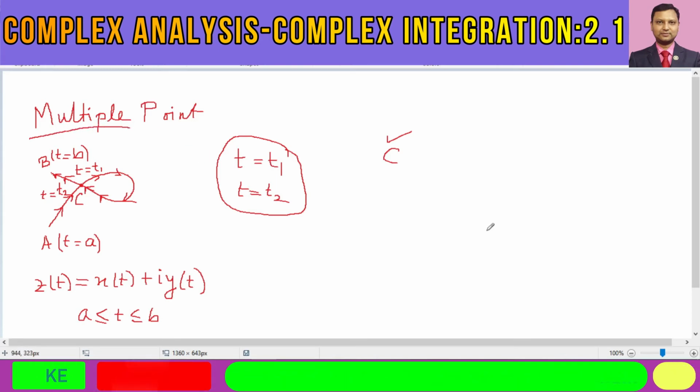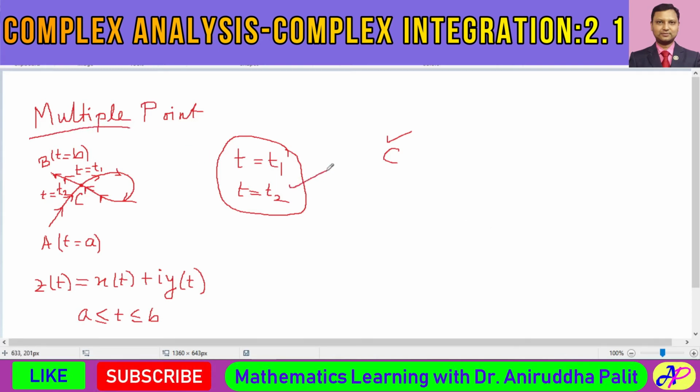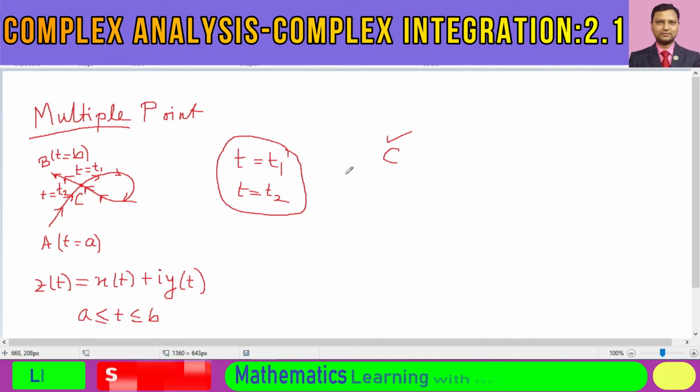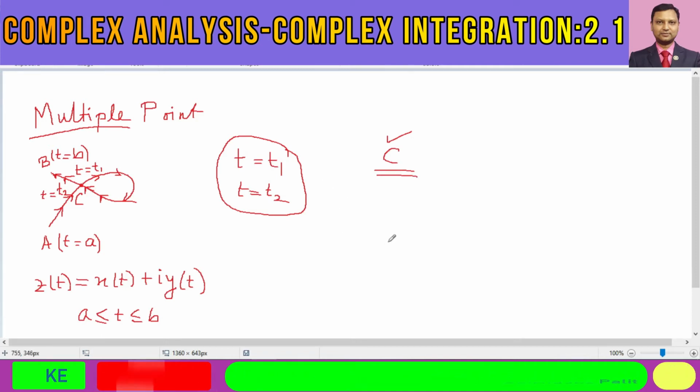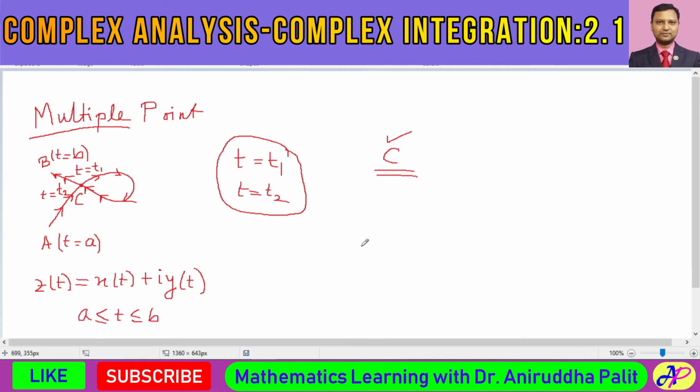Whenever we have more than two values of the parameter t, such that we obtain a single point for different values of the parameter t. We may have three different values of the parameter t, then the curve would look like this.